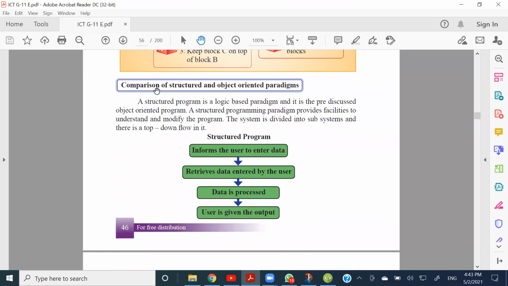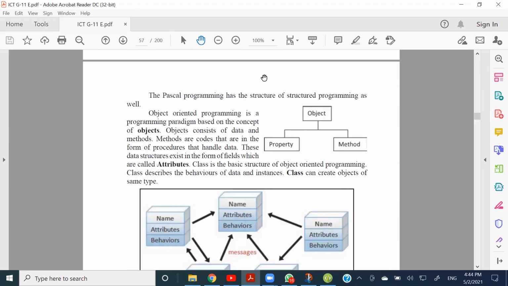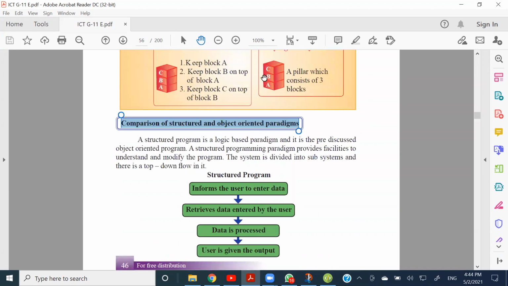So the comparison of structured and object-oriented, you should have the heading, and you write these two things: these last two lines regarding the structured programs.